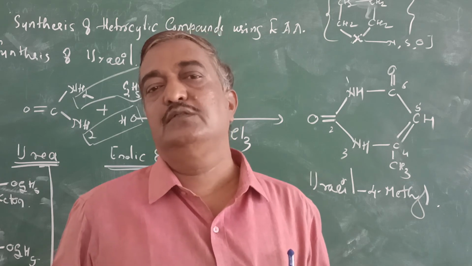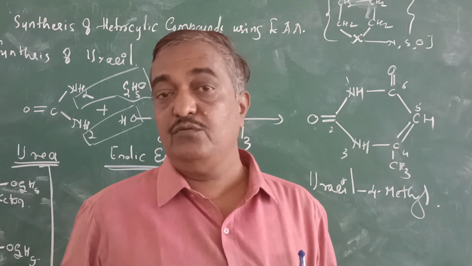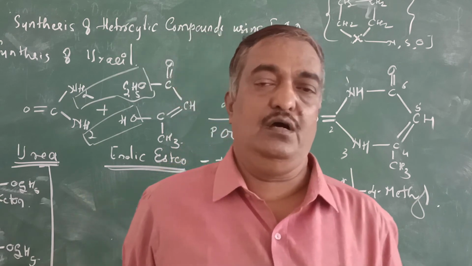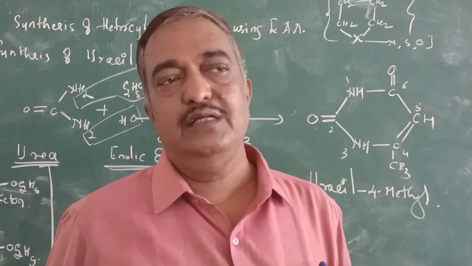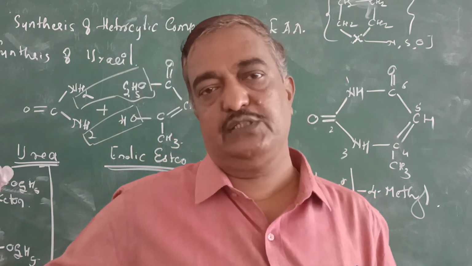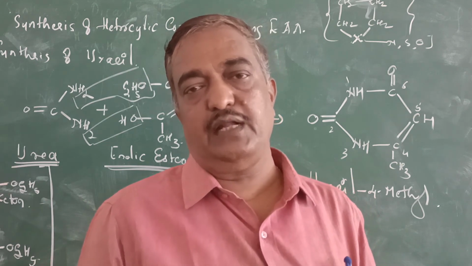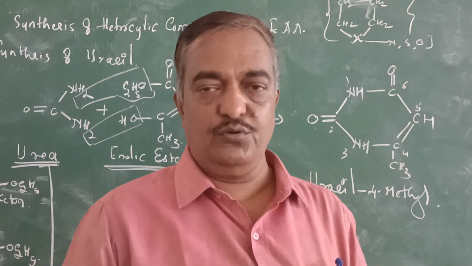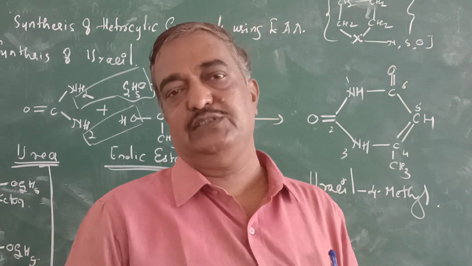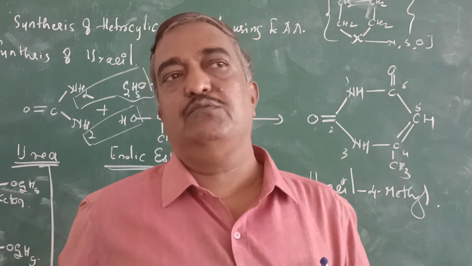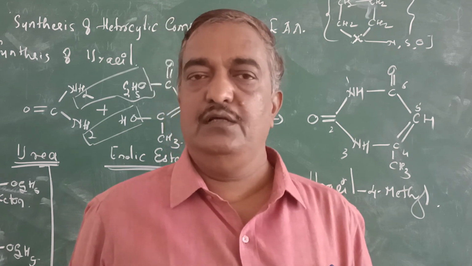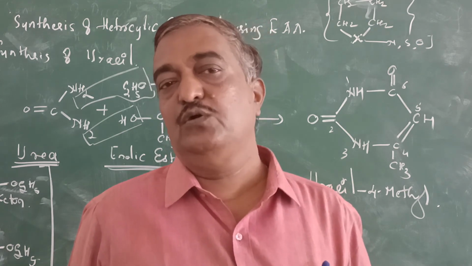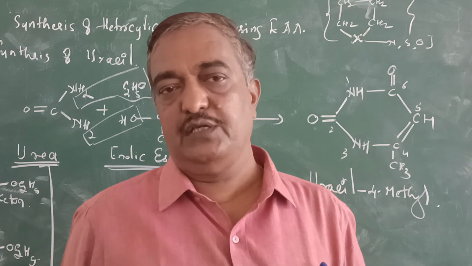Next time, synthesis of diethyl malonate, only synthesis, no mechanism, and application like whatever discussed here. Conversion of diethyl malonate into again a ketonic compound, monocarboxylic acid, dicarboxylic acid, and heterocyclic compound. That we will discuss. So meanwhile, you just go through whatever I have discussed so far. Thank you.